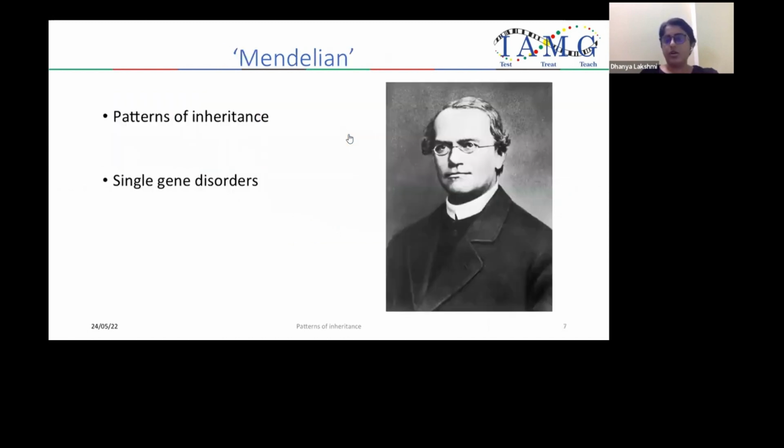And we all know that it was Gregor Mendel whose work enabled us to understand genetics in its current form. To honor him, the patterns of inheritance are named as Mendelian patterns of inheritance, and single gene disorders are also known as Mendelian disorders.